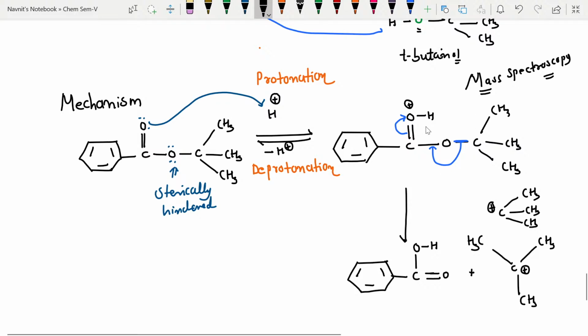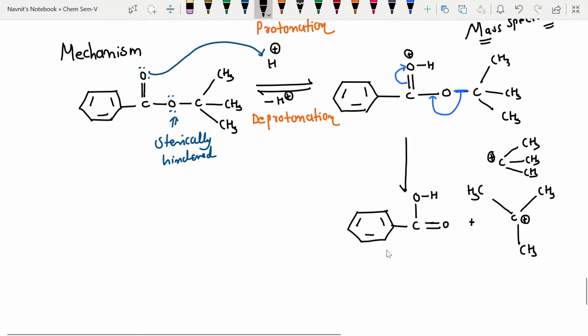So after the bond breaks between oxygen and carbon, we get the acid and the carbocation. And this is a tertiary carbocation, and we know that a tertiary carbocation is stable.